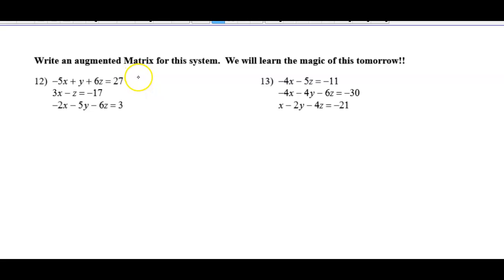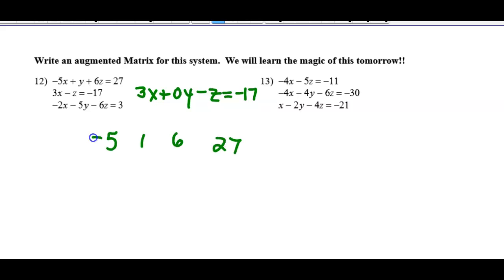But if we do a 3, again, it has to be X, Y, Z. So this one is okay. This one in here would need a 0Y. And this one is X, Y, Z, so that one's okay. So you'd have negative 5, 1, 6, and 27 for the first equation. For the second equation, you'd have to have 3, 0, negative 1, and negative 17.